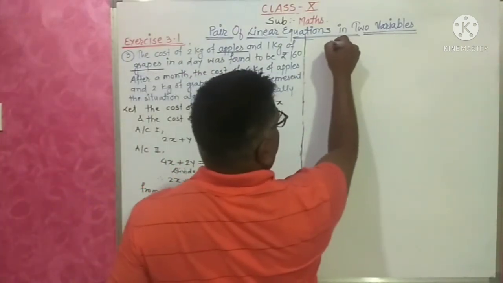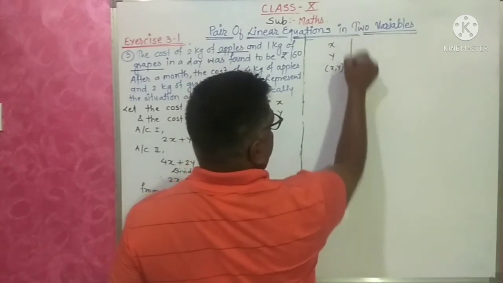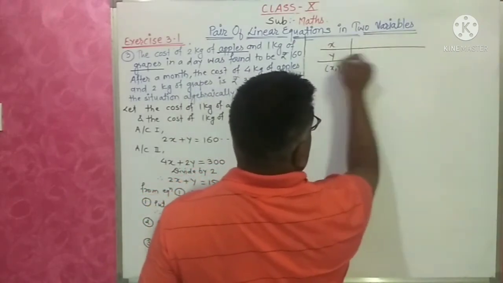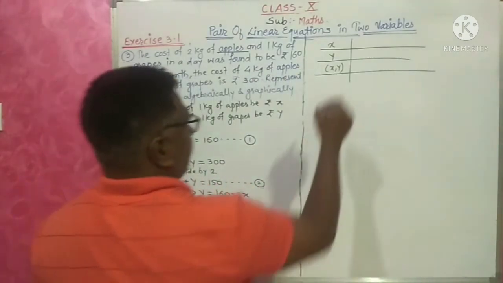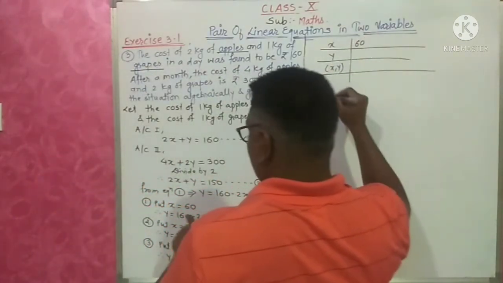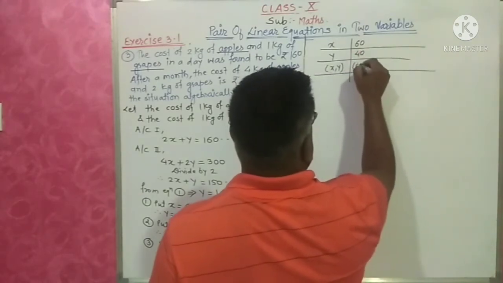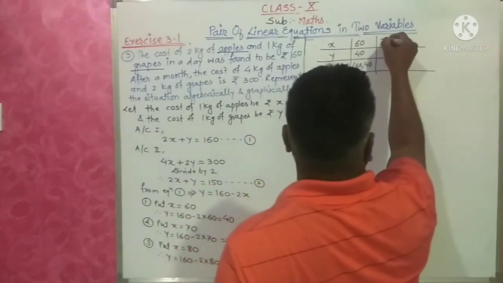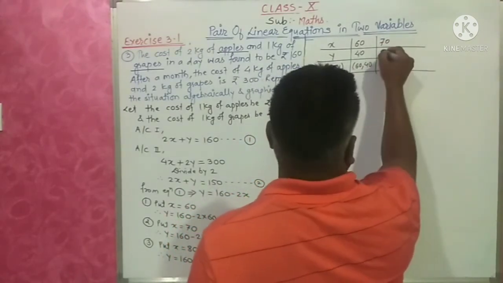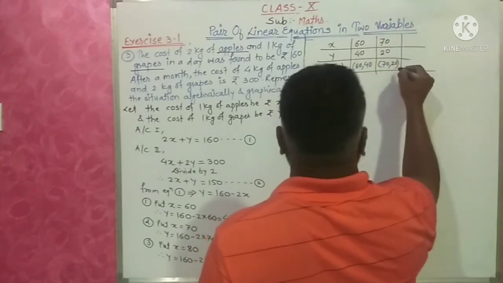So here the table of x, y. First x is 60, and the value of y is 40: (60, 40). Second, 70, we got 20: (70, 20).